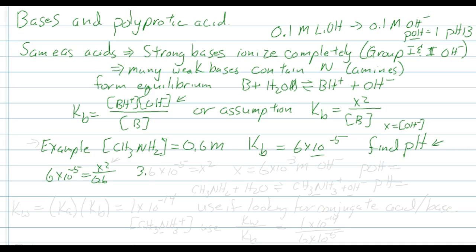Cross multiply. 3.6 times 10 to the negative 5 equals x squared, square root both sides. x equals 6 times 10 to the negative 3 molar hydroxide. You might even want to emphasize that. Take the negative log to get the pOH, and 14 minus that will give you the pH.